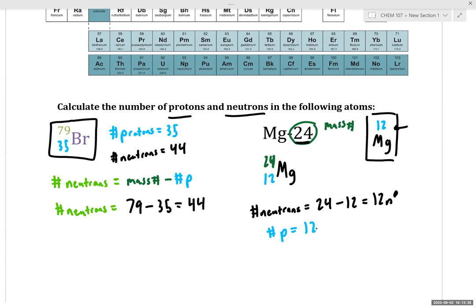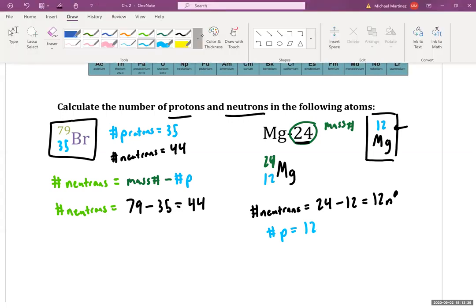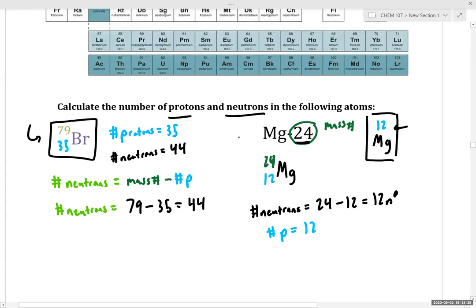Professor, where do we see the number 24 on the magnesium? On the chart? This isn't on the periodic table. Just like an isotope symbol that I would give you, you would be given this entire symbol on a test or quiz. So we would just look under magnesium? Yes. So this 24 is given.